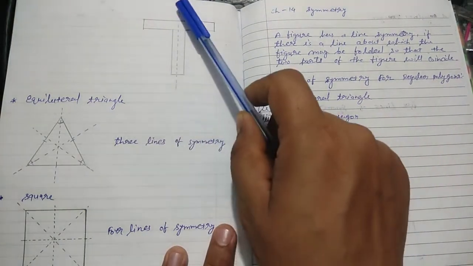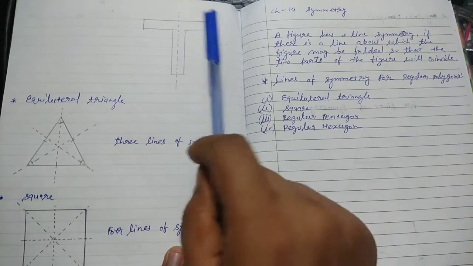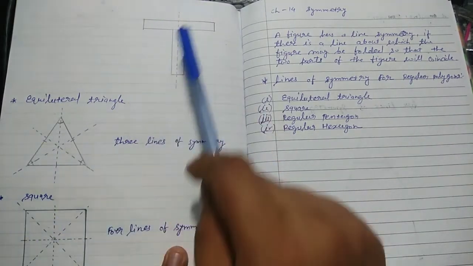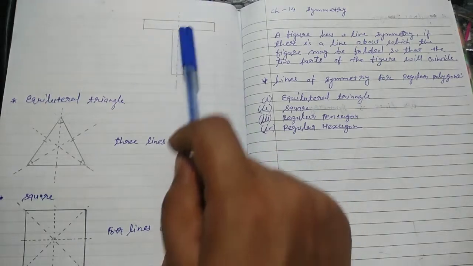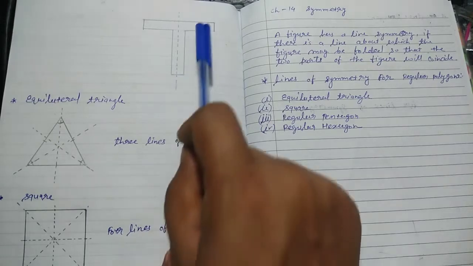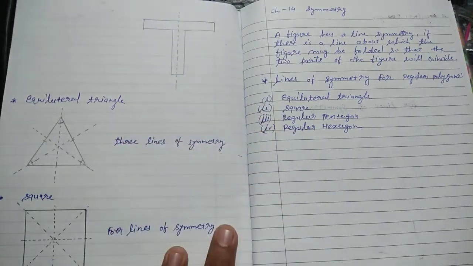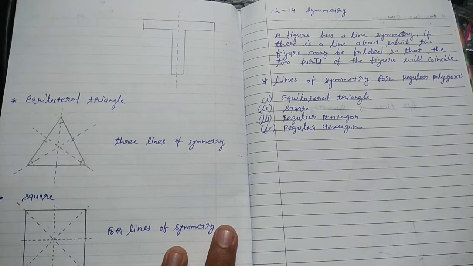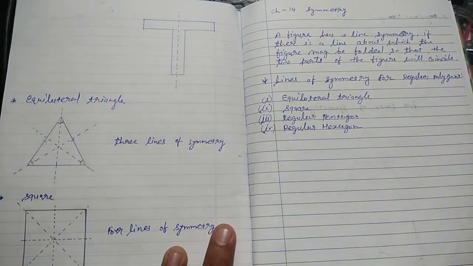If we fold this shape along this line, then this part should coincide with the other part of the shape. So that's why this dotted line is called a line of symmetry or axis of symmetry.